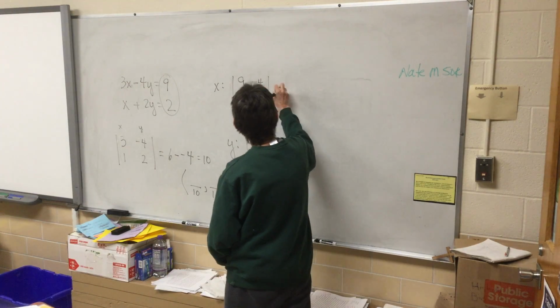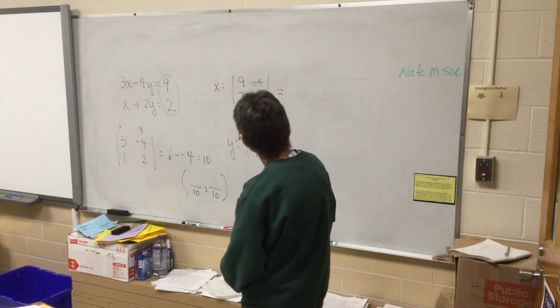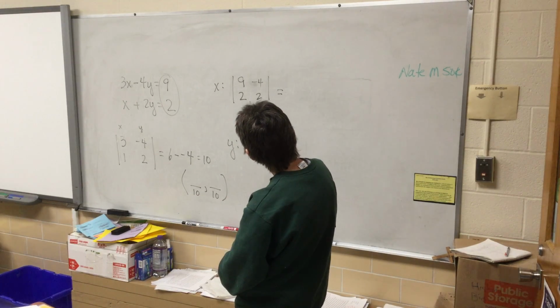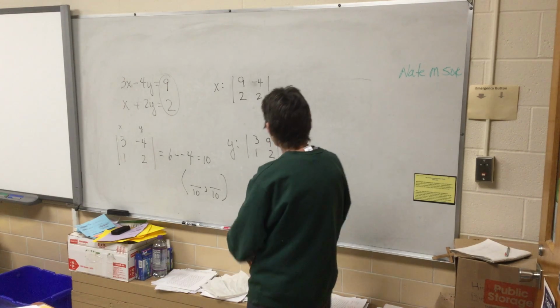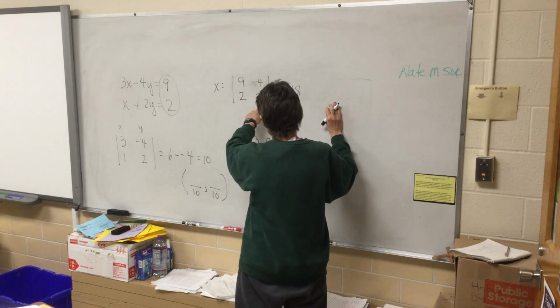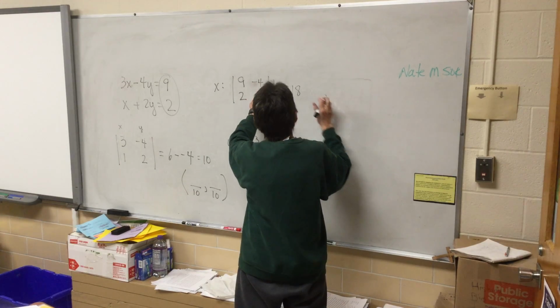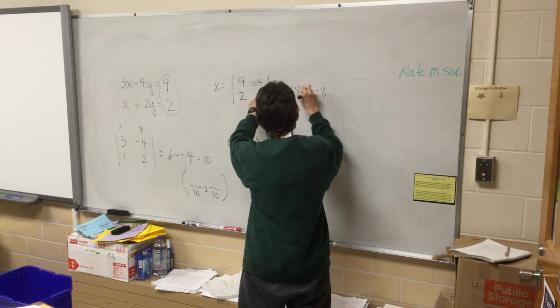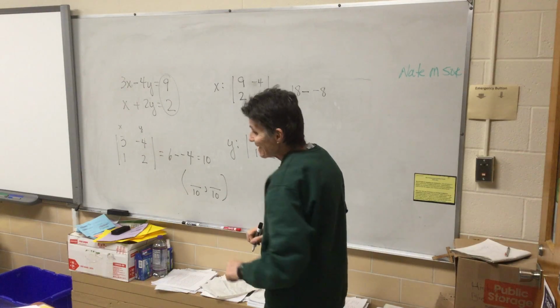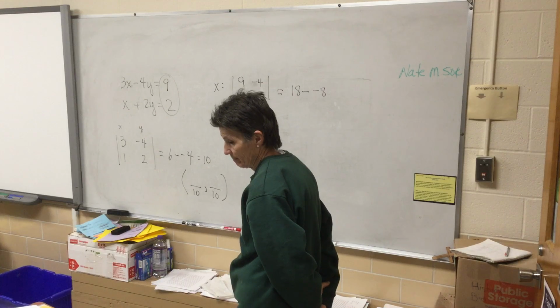Zaniel, what is this x numerator? What is that determinant going to be? You multiply the 9 and the 2, so you get 18. And then you multiply the other diagonal and get negative 8. And then we subtract those. So it's 18 minus negative 8.